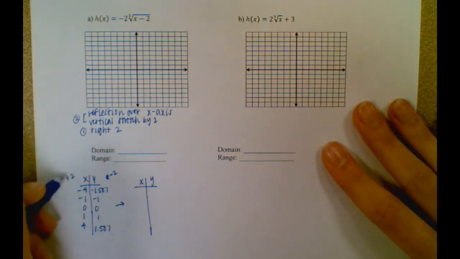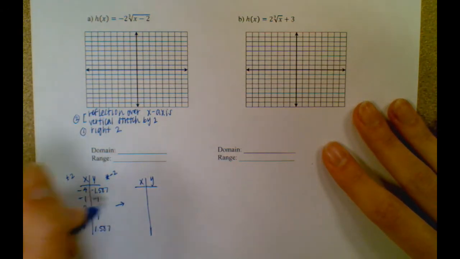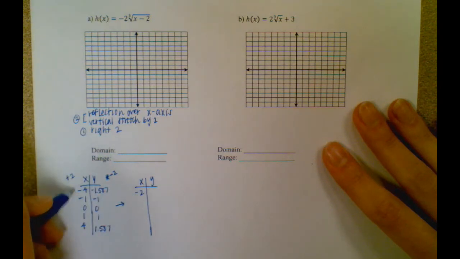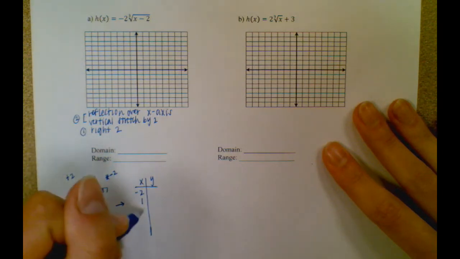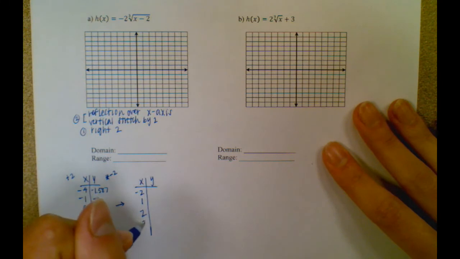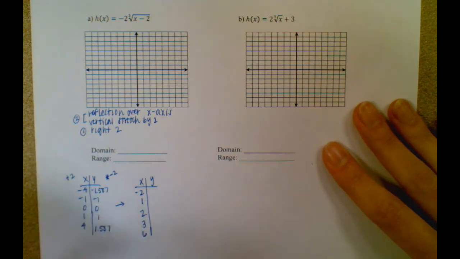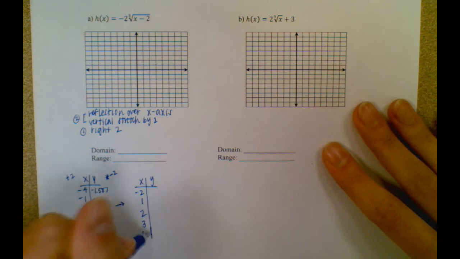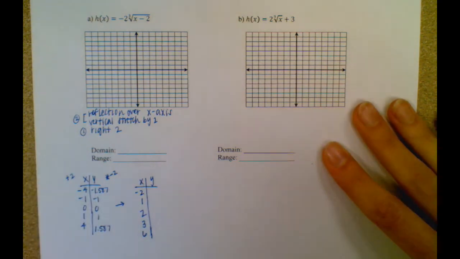Alright, so these are all shifted right 2. So this will be -2, 1, 2, 3, 6, right? Yep, okay. And then these I'm going to multiply by -2.